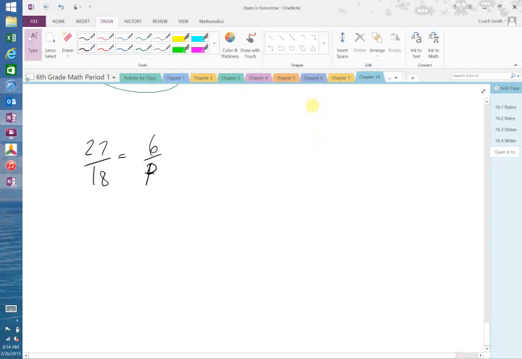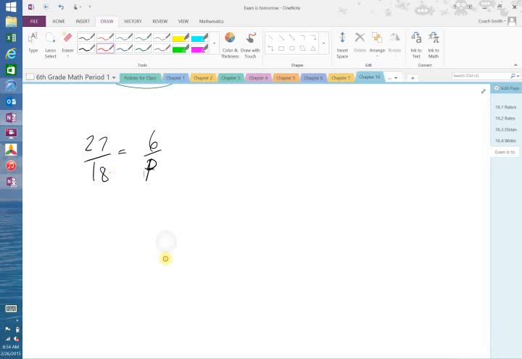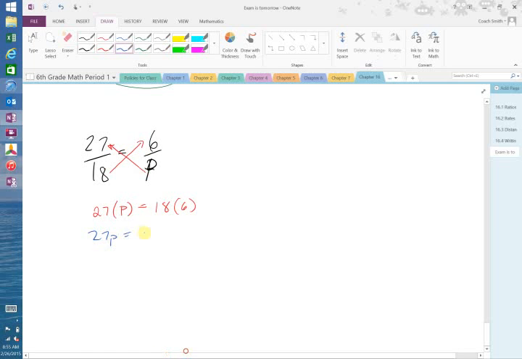Okay. Here's what we have. We have 18 times 6 is equal to P times 27, which 27 times P is the same thing because of the commutative property of multiplication. Now, that gives us 27P is equal to 108. Okay?